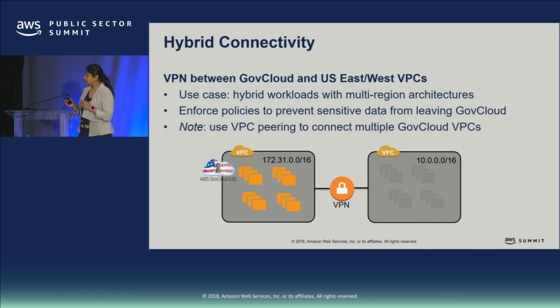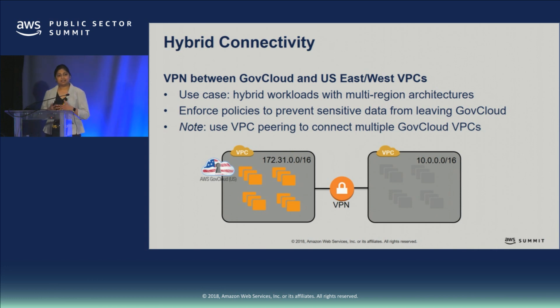With that, let's also see how you would connect your GovCloud VPCs to your non-GovCloud VPCs in the other standard AWS regions. GovCloud cross-region VPC peering is disabled by default within the GovCloud region.